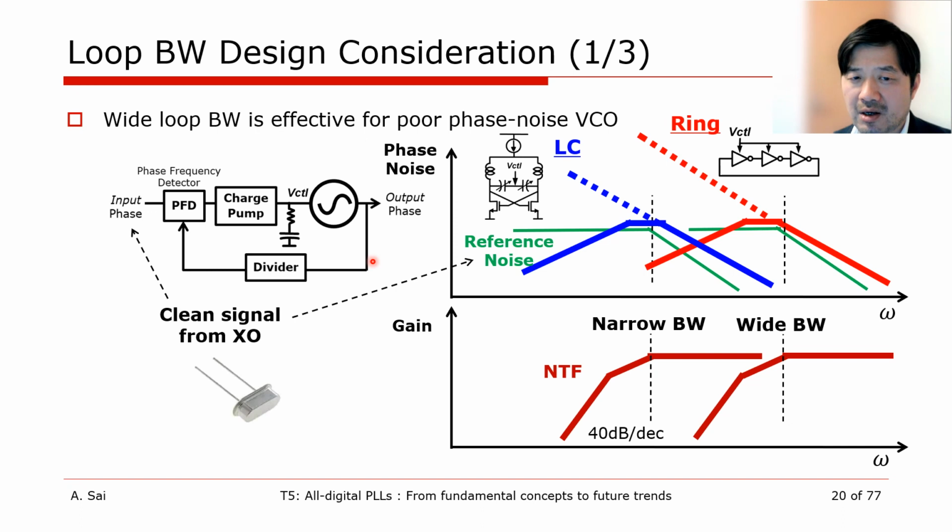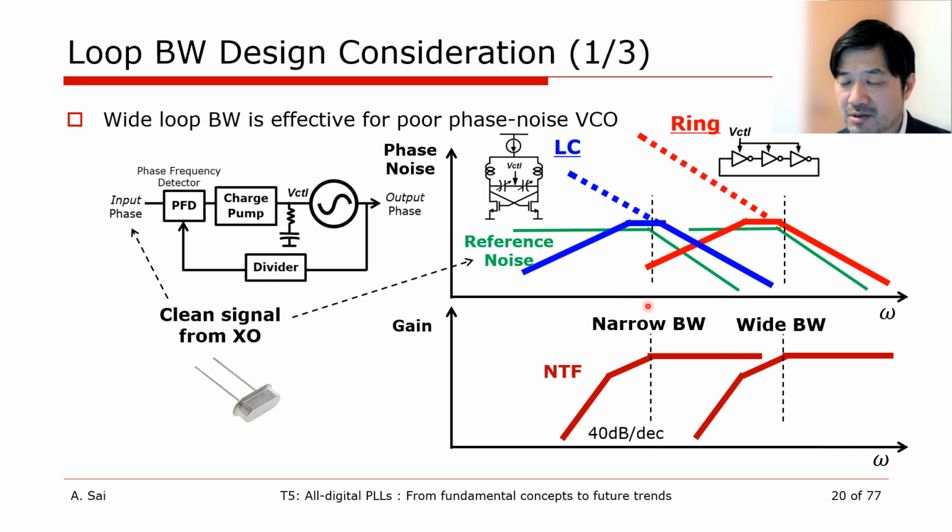So, if we use poor phase noise ring VCO, the broadband type 2 PLL is more advantageous. On the other hand, if the LC VCO is used, lowering the bandwidth will reduce the total phase noise, and lowering the order of the PLL will reduce the design cost.